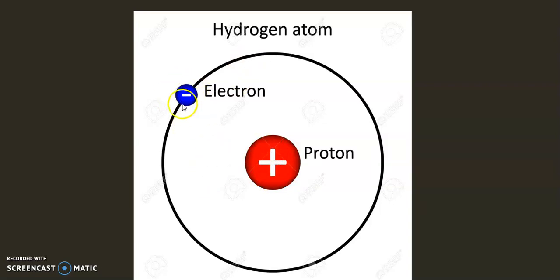So the hydrogen atom would want to find another atom that it could share an electron with or get an electron from, so that it can have 2, which means it's full. This technically doesn't go along with the octet rule because there's not 8, but we know that 2 is how many electrons can fit, and that causes that atom to be chemically stable. So there's a little bit of an exception to the octet rule for hydrogen.